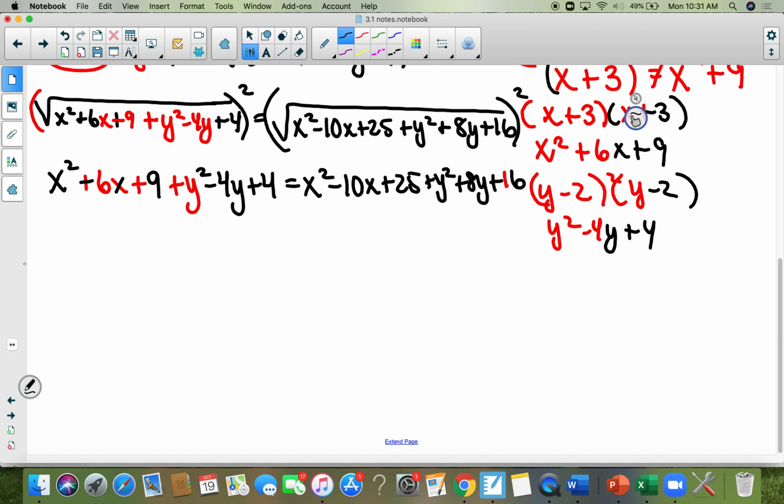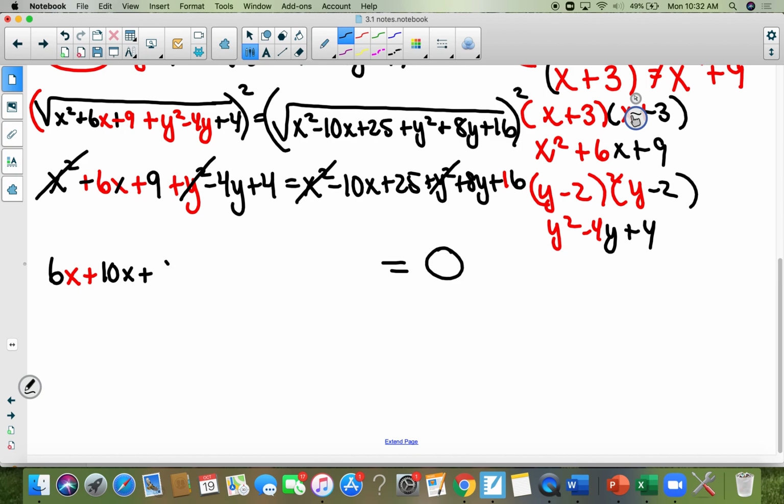Now, all I have to do is bring everything over to one side of the problem. So when I bring the x squared over, it will cancel out the x squared. If I bring the y squared over, they will cancel each other out. Now I'm going to show the rest of it. 6x, the negative 10x comes over to join positive 6x.